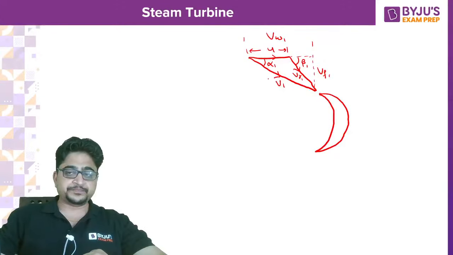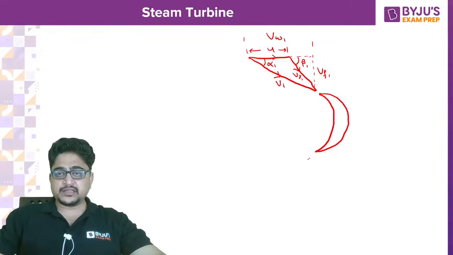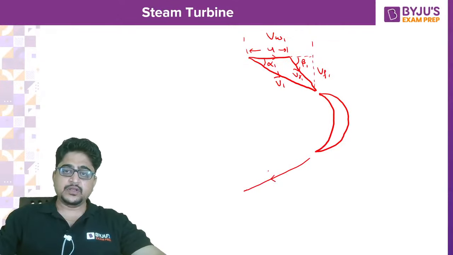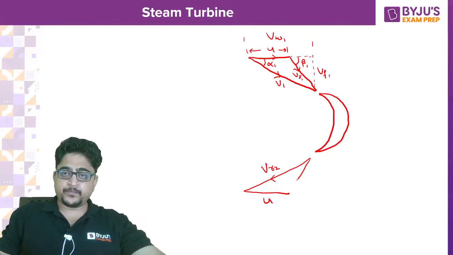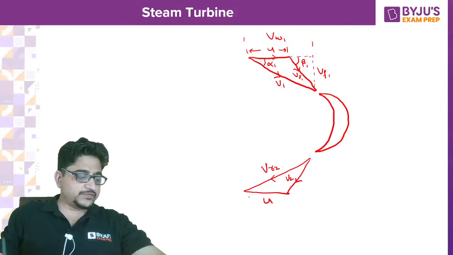Then from the exit, this is your exit angle. This is the VR2 velocity, the relative velocity. This is the U value. This is the V2 value.